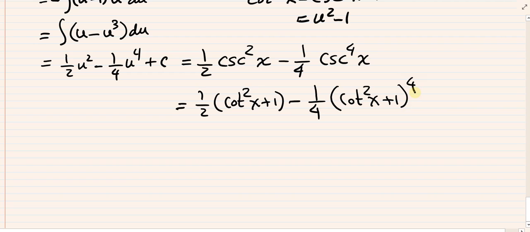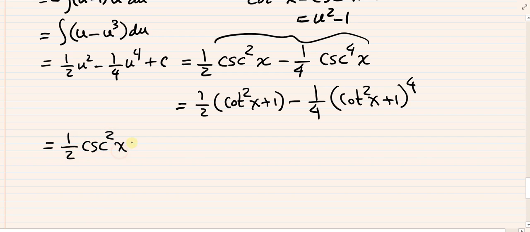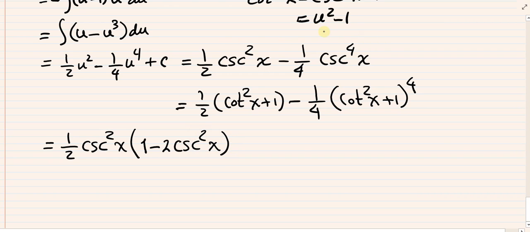Now, instead of raising this to the 4th power, actually what I can do is factor cosecant. I'm going to factor 1/2 cosecant squared x. So that's just going to give me 1 minus 2 cosecant squared x. Oh, actually, 1/2 factored from 1/4 is going to be 1/2, not that.